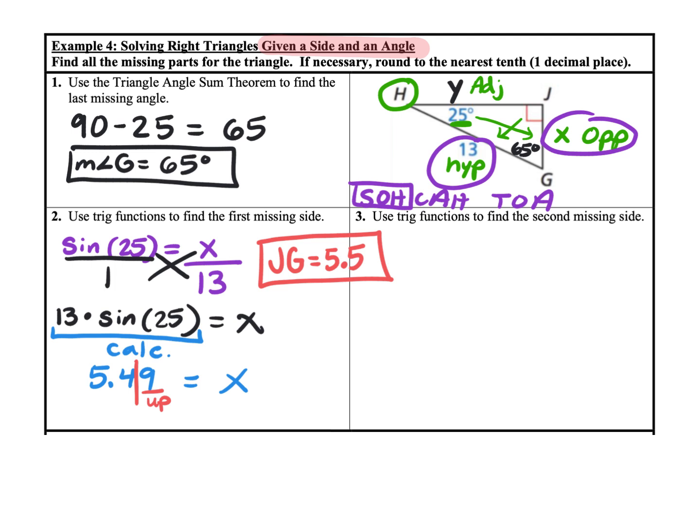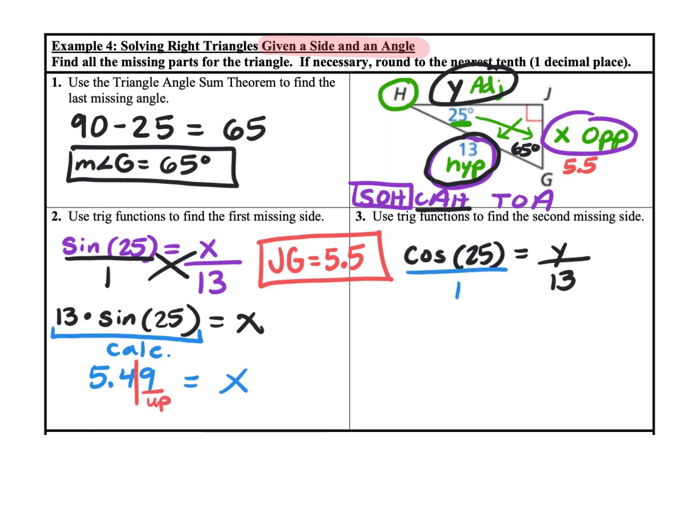And always go back to the full number. So I don't want to use 5.5 in my calculation because this 5.5 right here is a rounded value. So when we're doing the last one, I know that the hypotenuse is exactly 13. And if I have the adjacent Y and the hypotenuse of 13, we can use the cosine ratio where we have cosine of 25 degrees equals adjacent Y divided by hypotenuse 13.